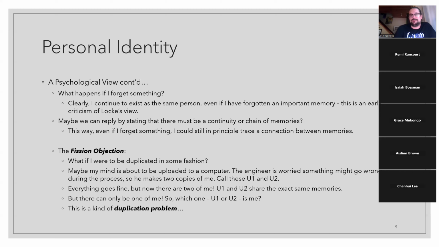Maybe because I'm near death, or because I'm about to undergo some kind of dangerous procedure. So my doctor wants to make some copies of me in case something goes wrong. So he makes a couple copies. Everything goes fine, but now there are two of me, because each of me has the exact same memories. So which one is me? Duplicate one or duplicate two?